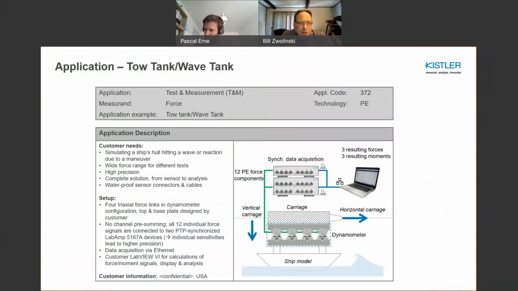As far as the tow tank and wave tank application, this is a typical scenario where you'd use charge amps up on the carriage. You hook them up to a top and bottom plate where you have 4 sensors located in between. You have a ship model on the bottom, and then you basically run the ship model through the water, and you're measuring the reaction forces and moments of that event.